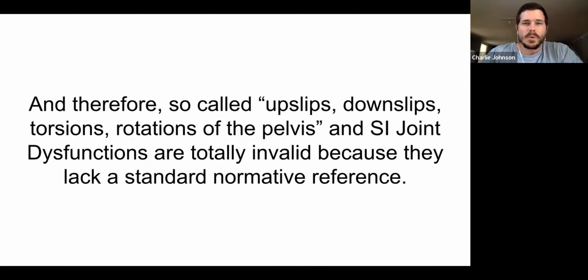And so as a result of this, these so-called upslips, downslips, torsions, rotations, nutations, counternutations of the pelvis, right, and SI joint dysfunctions are just invalid because they lack a standard normative reference. None of us can agree upon what the heck we're even feeling, right, let alone that it has to correlate to pain, and that if there is an asymmetry, it's going to mean something.